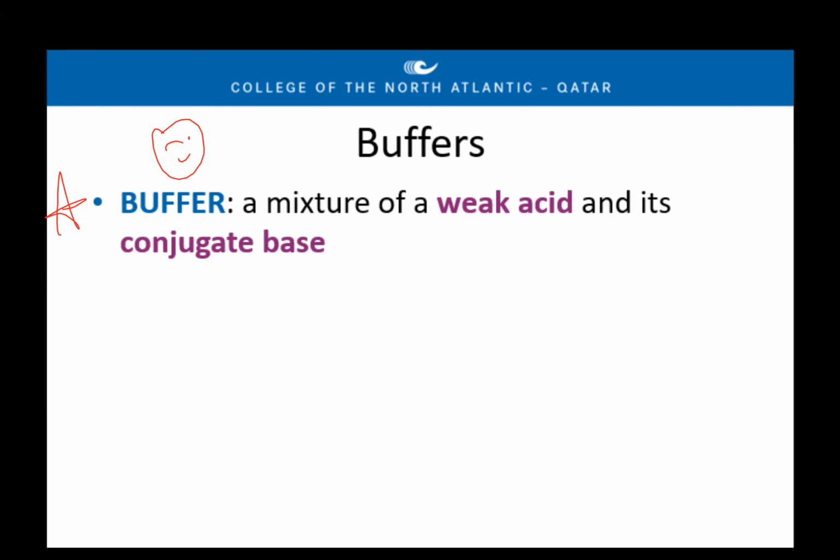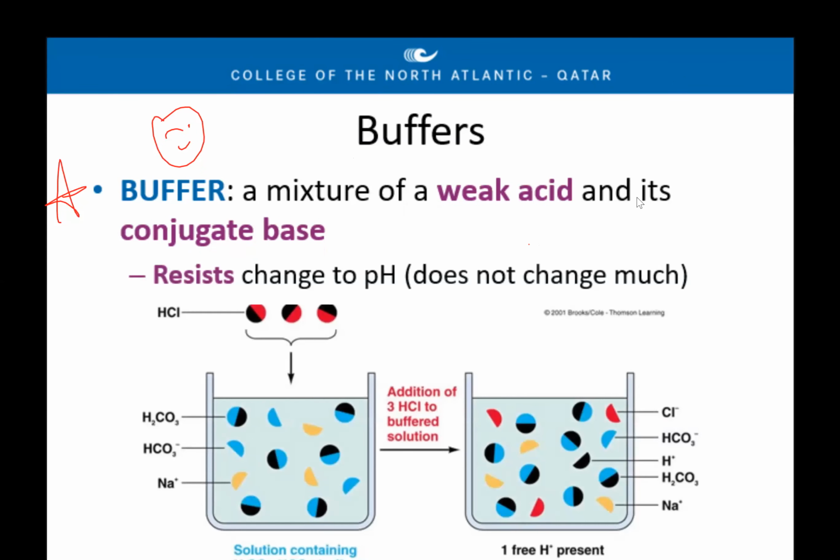It's a chemical, it's a solution, and it's a mixture of a weak acid and its own conjugate base. So that's like the scientific definition of what a buffer is. No, that's not true. Not the scientific definition. That's kind of how you would make a buffer. It's a mixture of a weak acid and its conjugate base.